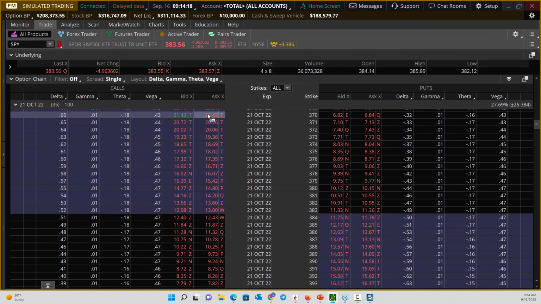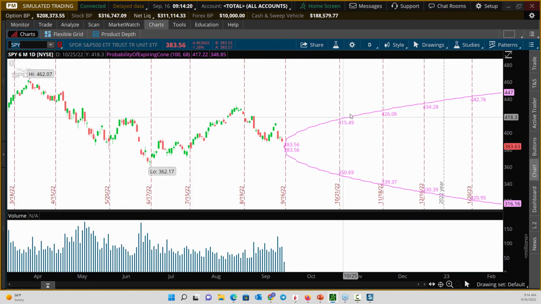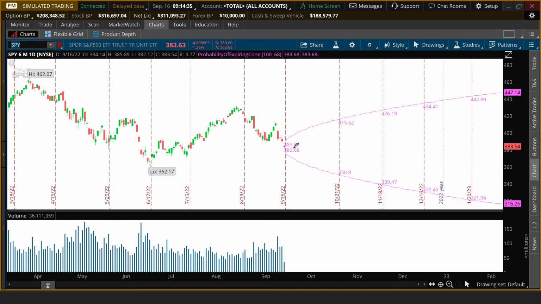So I like to build probability cones, and then think about how my outlook applies to that probability cone, where I'm targeting. If I was trading SPY, and I had a pretty normal bullish outlook, I'd probably expect a move up towards 410 through October.